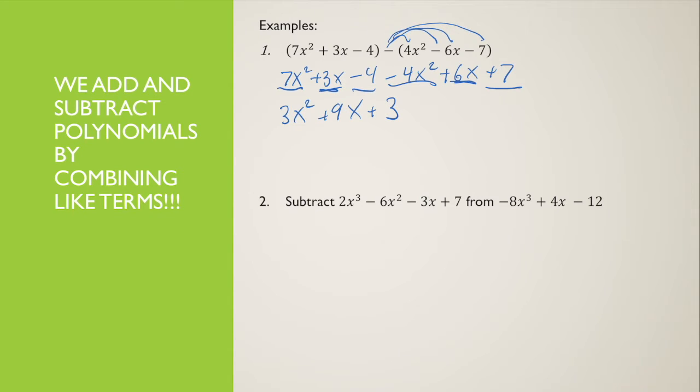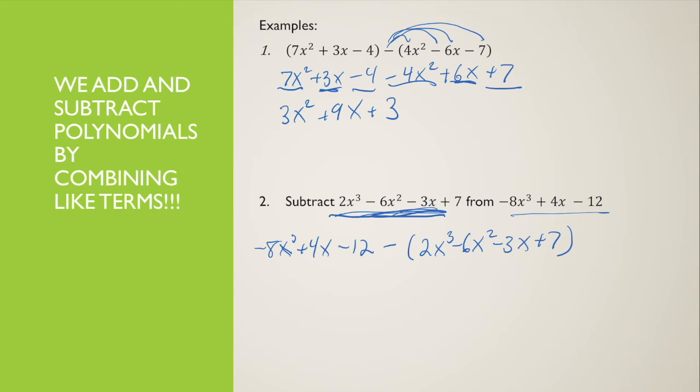For problem 2, it says to subtract 2x cubed minus 6x squared minus 3x plus 7 from negative 8x cubed plus 4x minus 12. So we're going to subtract this from this. So I've got negative 8x cubed plus 4x minus 12 minus 2x cubed minus 6x squared minus 3x plus 7.